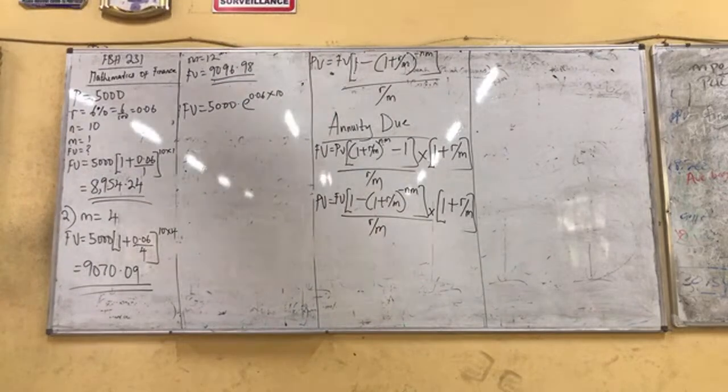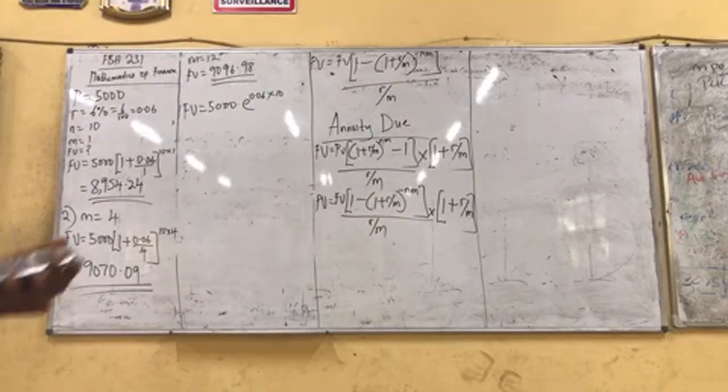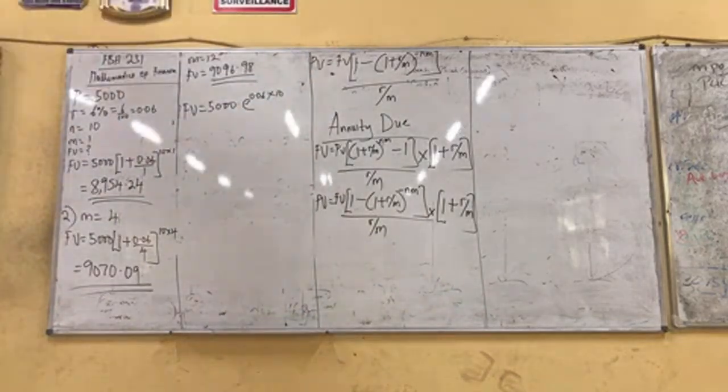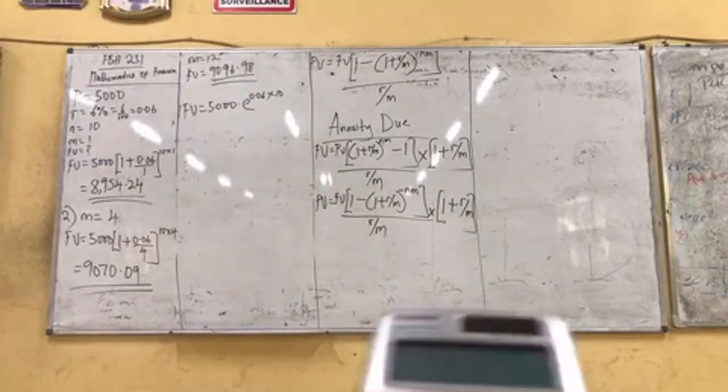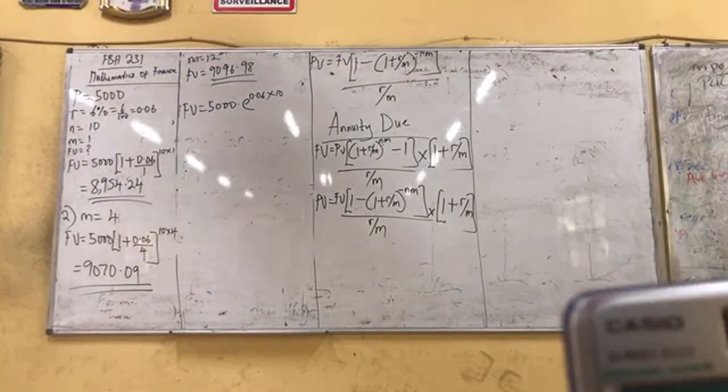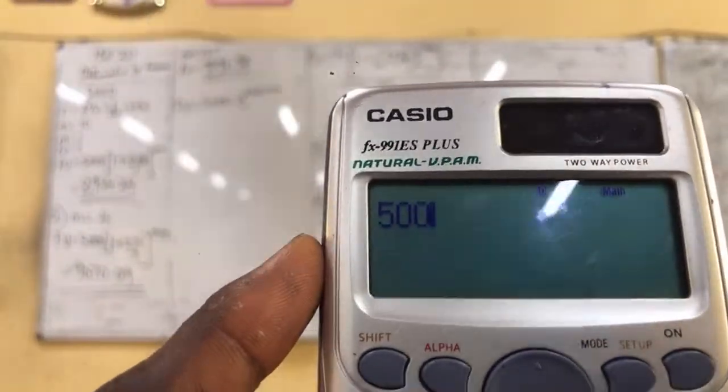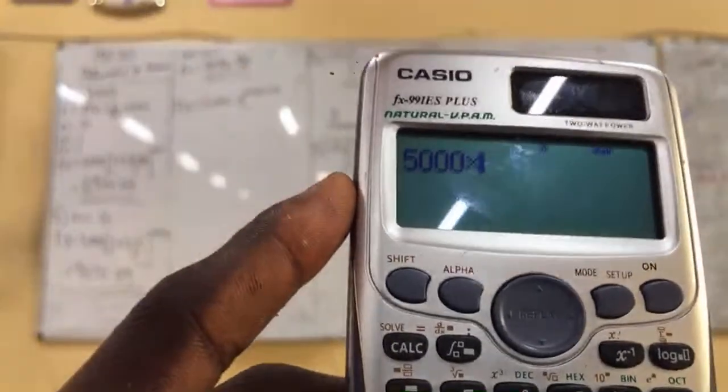That's 5,000 times e to the power 0.6. I don't assume you all know how to input the exponential function, so let me do that for you. You have 5,000 times.